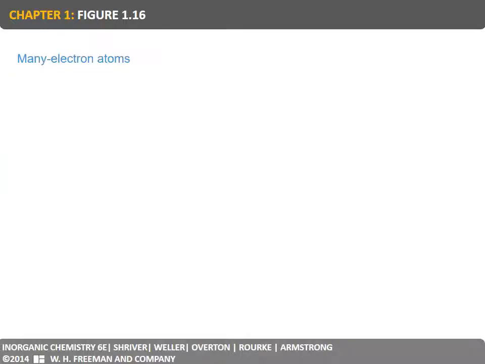So we will conclude with a quick remark about many-electron atoms. Thus far, we've been talking about our modeled atom of hydrogen. Why? Because it has a single electron. But when we start talking about atoms with more than one electron, let's take the simplest one, helium. Well, it has only 2, but it is a many-electron atom.